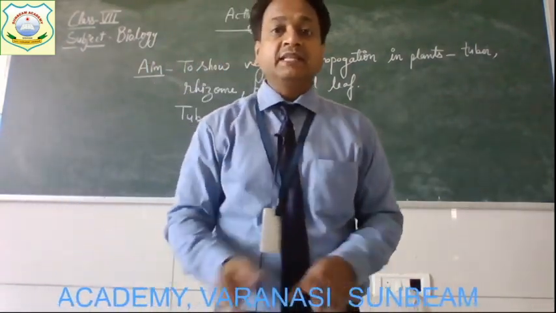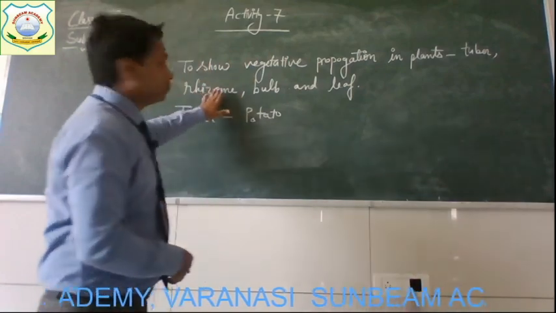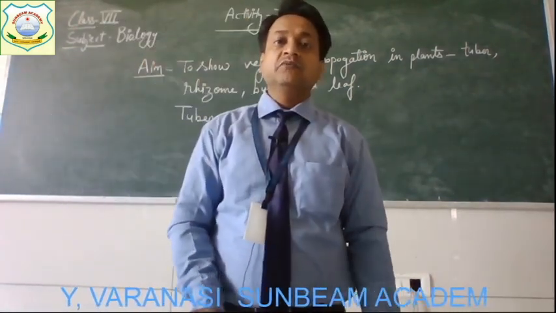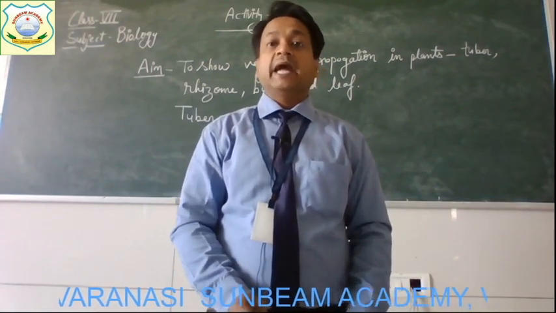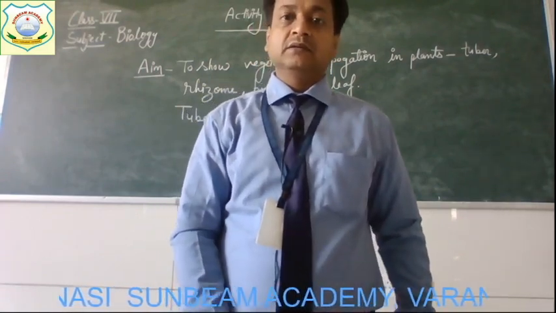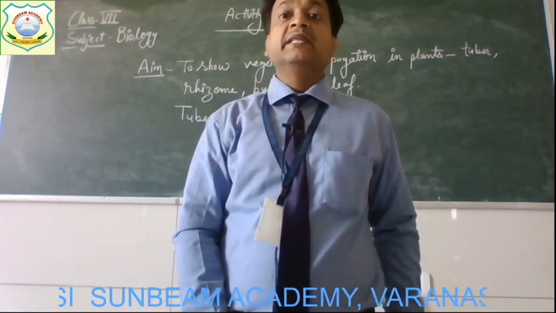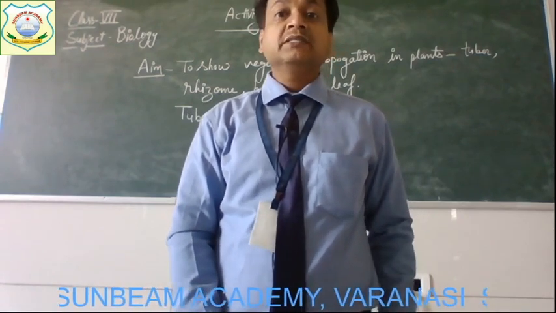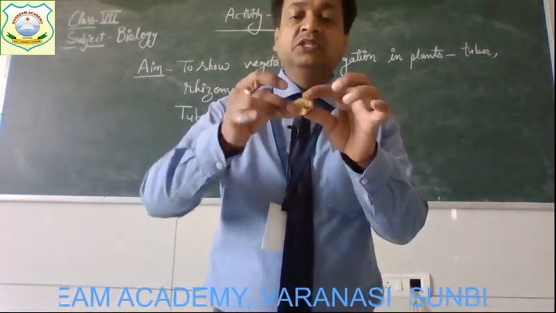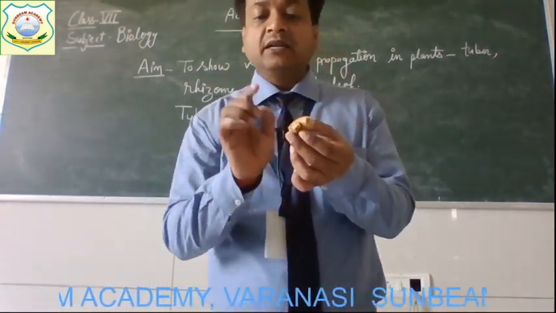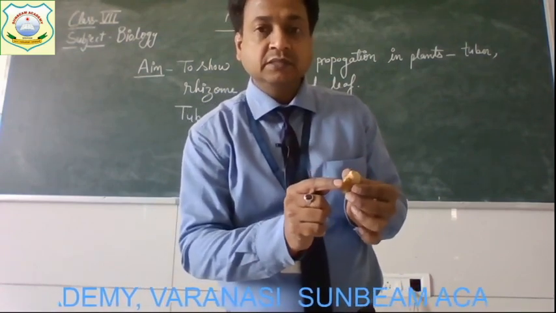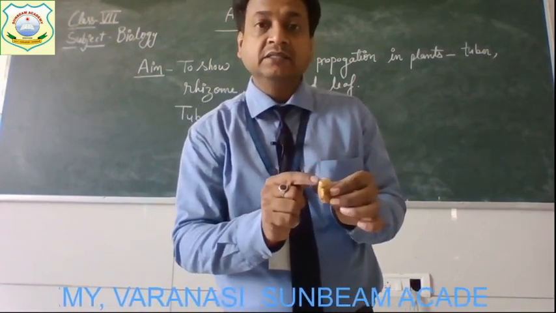Now, another structure is the rhizome. Rhizomes are also underground stems which are solid, store food and also produce new plants. The example of a rhizome is ginger. Here I have a piece of ginger, and on it you can observe small buds or eyes.